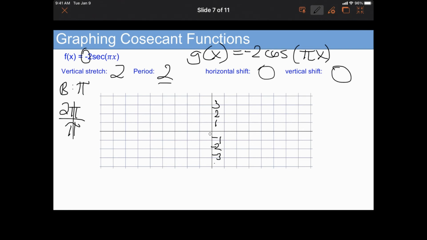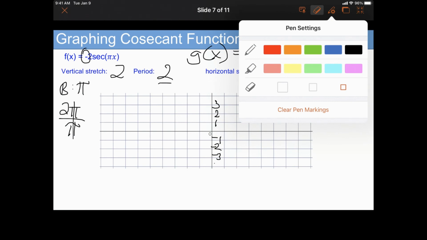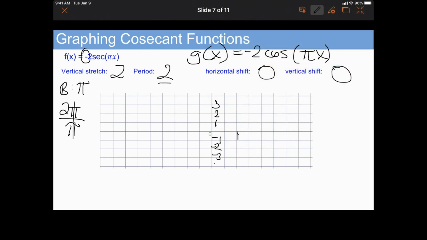Well, because it's 2, it's very squished, and I need some space. Because if I put 1, 2 here, ooh, that's going to be very, very tiny and tight. So what I'm going to do is go every other one. So I think I'm going to do 1 here and 2 here. So this is going to be -1, -2, -3, skipping every other one.